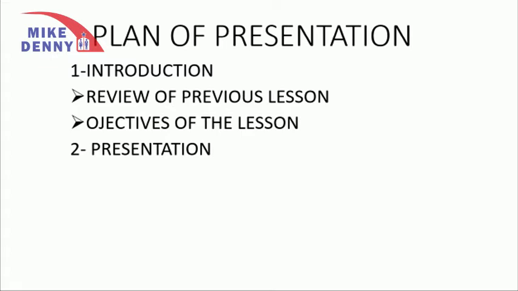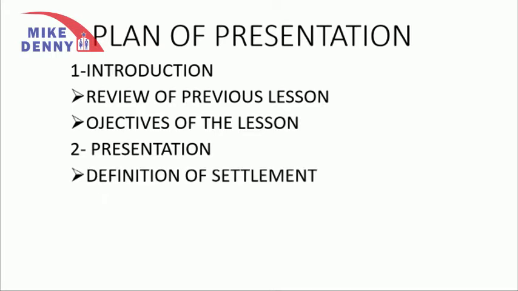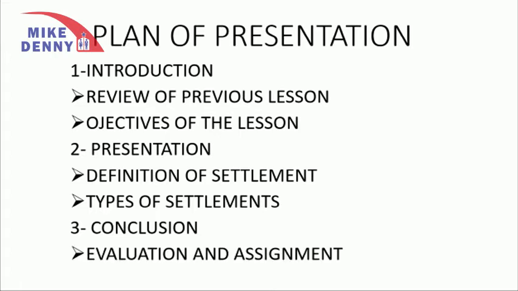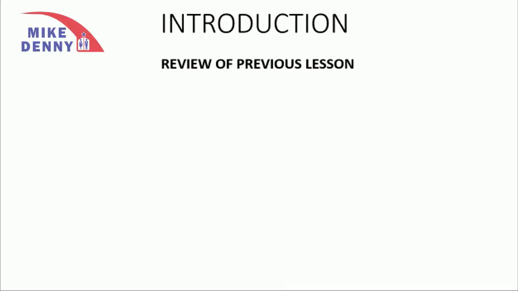As far as our presentation is concerned, we are going to define a settlement, and after this definition, we are going to talk about types of settlement. And in our conclusion, we are going to have an evaluation and an assignment that I'm going to give you. That said, let us go directly to our previous lesson.